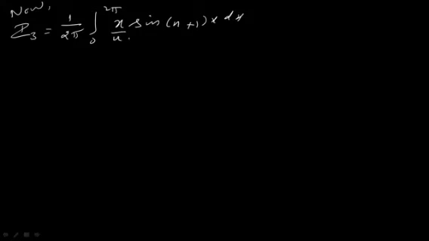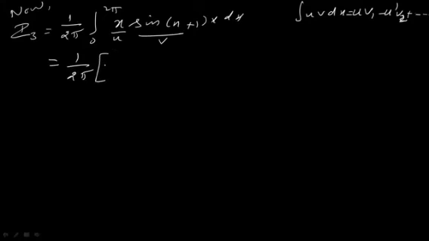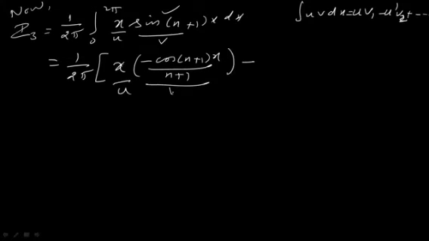This is of the form integral uv dx, that is u v1 minus u dash v2 plus etc. So that is equal to 1 by 2 pi of u, what is your u? x. v1, while integrating sine n plus 1 x, you get minus cos n plus 1 x divided by n plus 1, minus, this is your u and this is your v1, right?